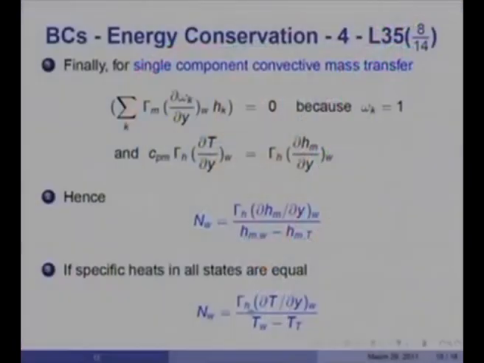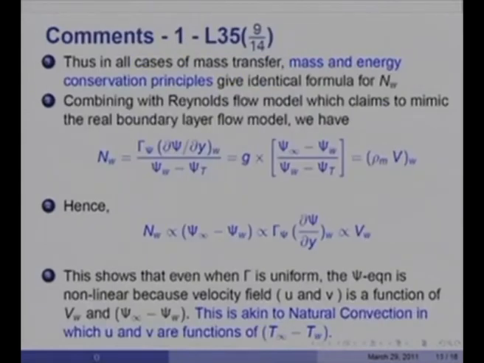Now if I further make the assumption that the specific heats do not vary between W, T and infinity states, then I can show that NW will be equal to gamma h into dT by dy at W divided by TW minus TT. Thus in all cases of mass transfer, mass and energy conservation principles give identical formula for NW.